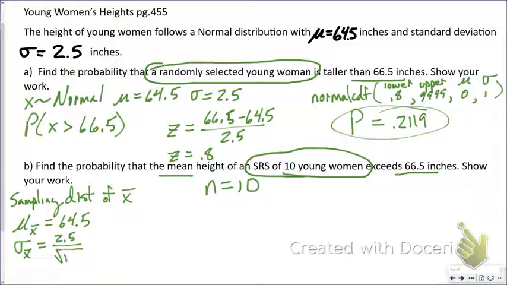You divide by the square root of the sample size, and we get 0.7906. Let's say something about the shape. Up on part A, I said it was normal. This one is also normal because the population is normal.